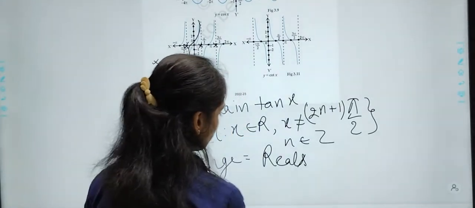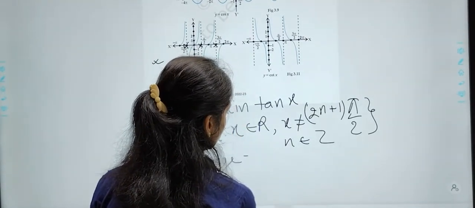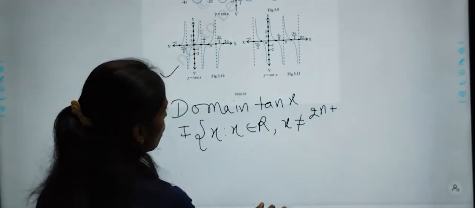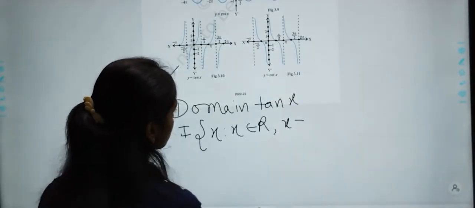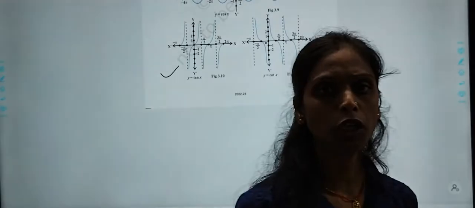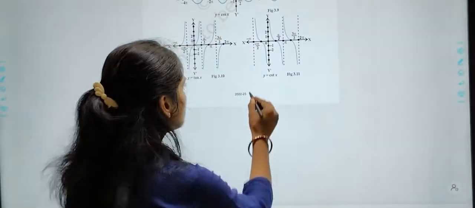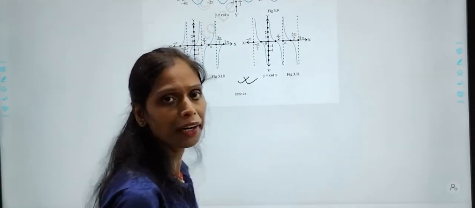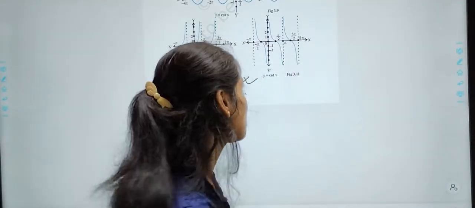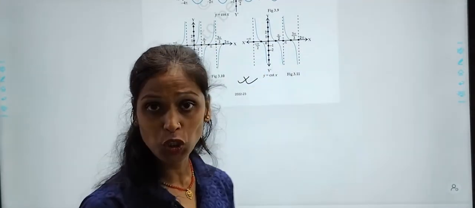Whereas if I am going to tell about cot theta, then you can see the figure of that cot theta. In the cot theta, everything is like tan theta, but the graph direction is changed.